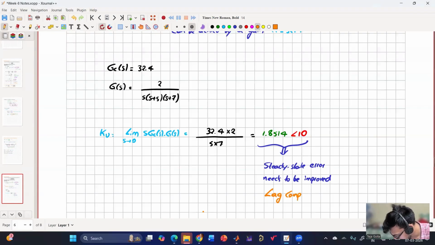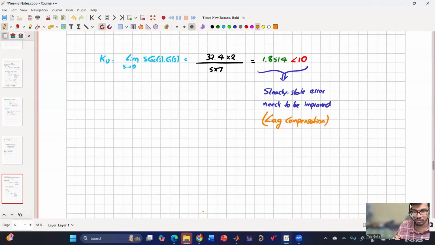We have discussed we will use lag compensation. Very clear. So now we have come to a conclusion that we will be needing lag compensation because the steady state error requirement is not met. And why do we not need lead compensation? Because just by simple gain, we are able to meet the transient requirement. So there is no headache about that.